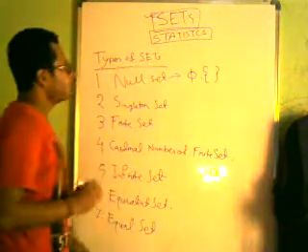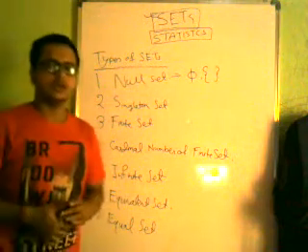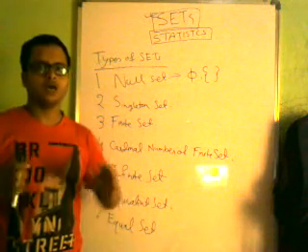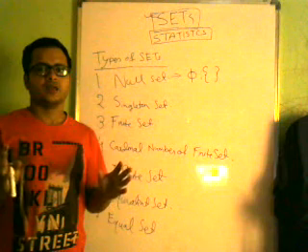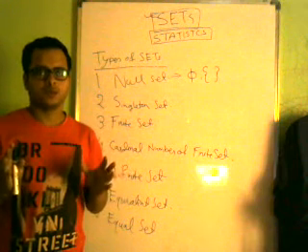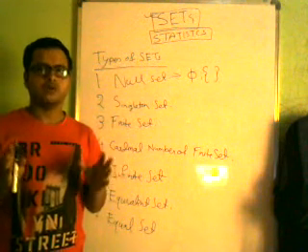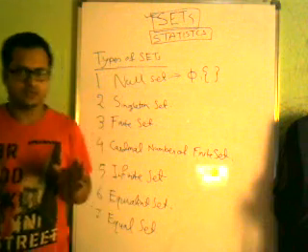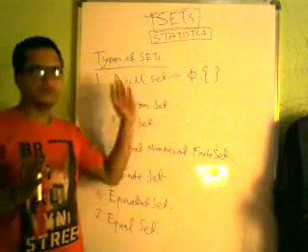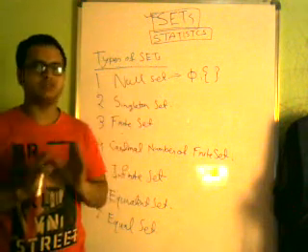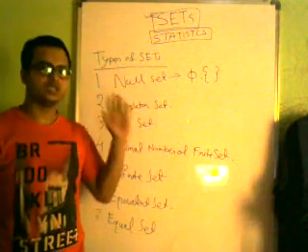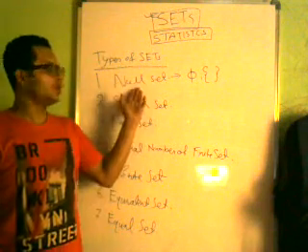A good example of a null set is the collection of sons whose ages are more than their respective fathers. In this case, it can't form any set because it is practically not possible. So these types of situations we put under null set.